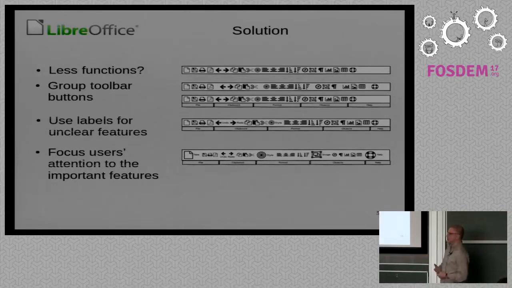The leftmost is new. You want to get the users are looking for new, so you make it a larger icon. Users should use styling features, so you make style icon larger. And of course, you can do the same for objects and perhaps also help if you want to draw the attention to these features.